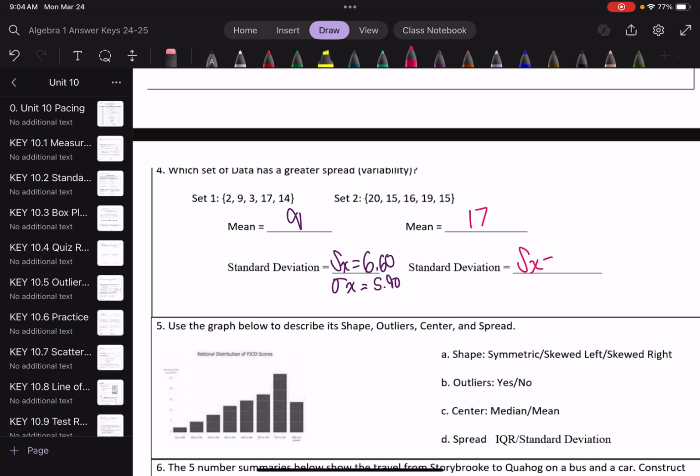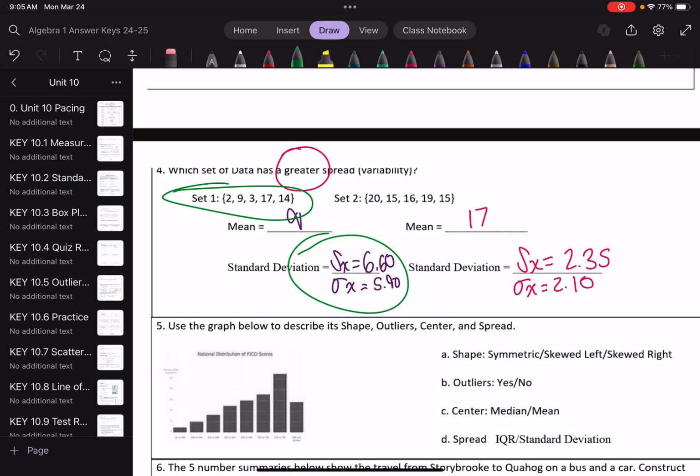I get a sample standard deviation of 2.345, which is going to give me 2.35. And I get a population standard deviation of 2.097, which is going to give me 2.10. So if I'm looking at which set has a greater spread or variability, the one with the greatest spread is going to be set 1 because our deviation is larger.